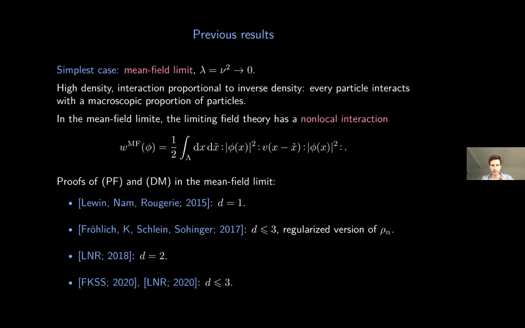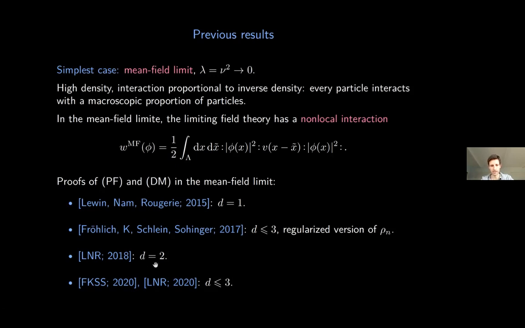Somewhat later, we gave an alternative proof in 1D, and we also gave an argument that works in 2 and 3D, provided you work with a slightly modified or regularized version of your grand canonical ensemble. The full 2D case was understood again by Levin, Nam, and Rougerie a bit later.